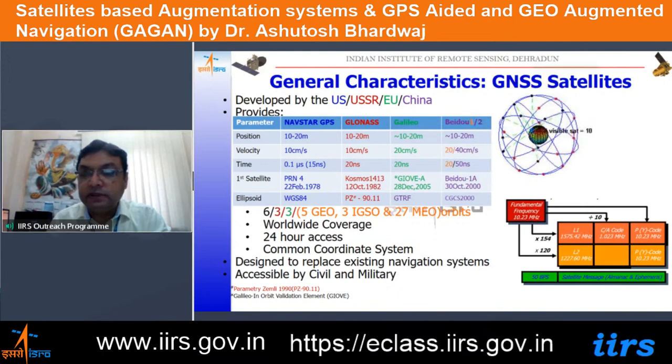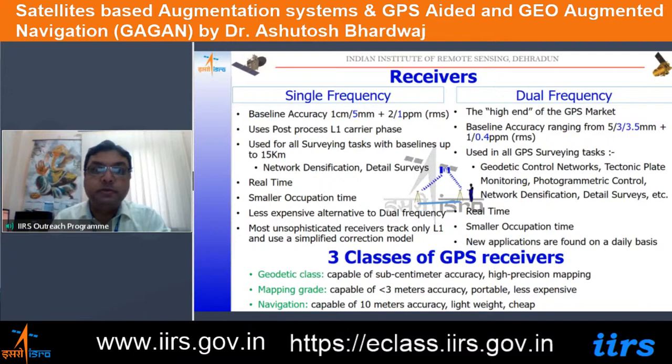Then we discussed the various signals: L1, L2 carrier waves, L5 carrier wave, CA code and the P code. We discussed the 6 orbit based Navstar GPS system, and then the 3 orbit based system of GLONASS and Galileo, whereas BeiDou uses about 7 orbits.